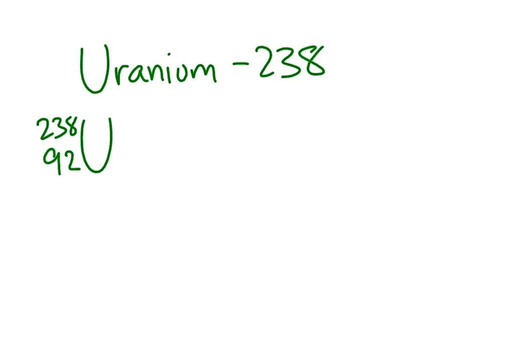And I'm telling you that uranium is going to undergo alpha decay. If I mention decay, there's a product. If I say electron capture, that is not decay, but everything else is decay. So if it's decay, it's a product. So I draw an arrow, and it's an alpha particle.